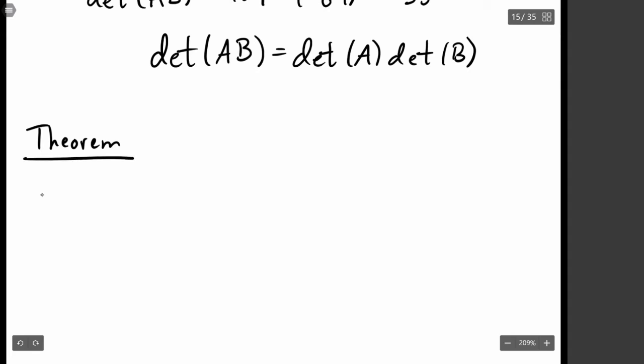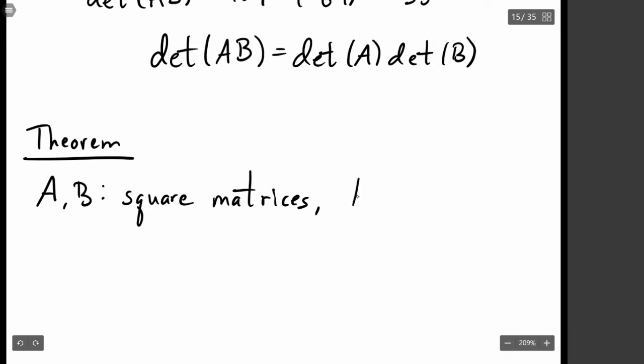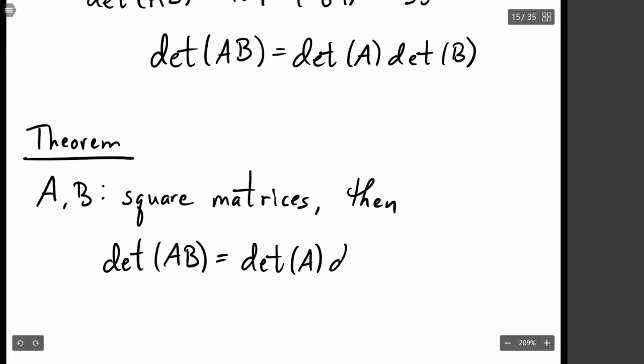Here A and B need to be square matrices. Then the determinant of A times B is equal to determinant of A, determinant of B. This is one of the most important properties that determinants have.